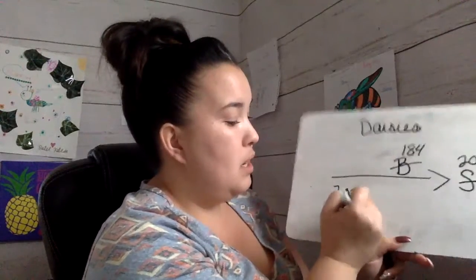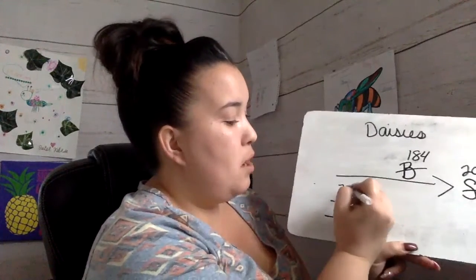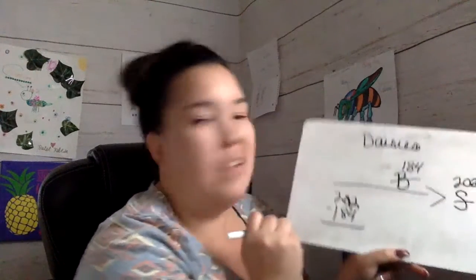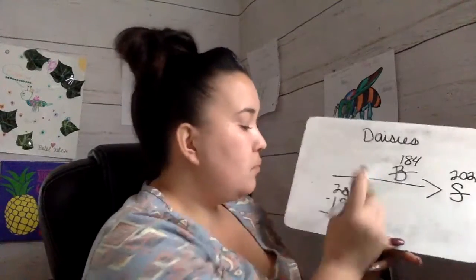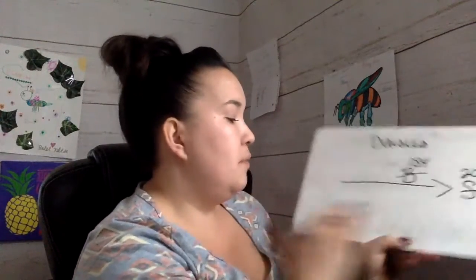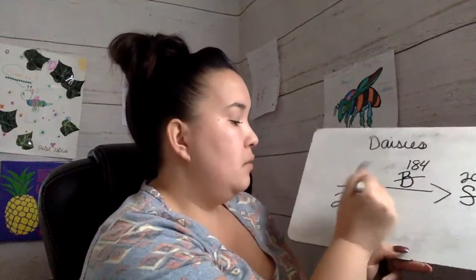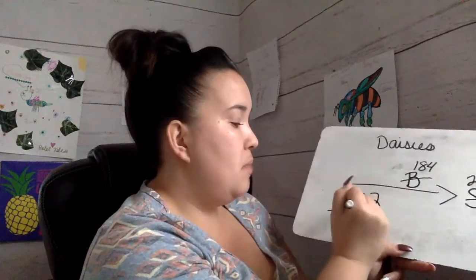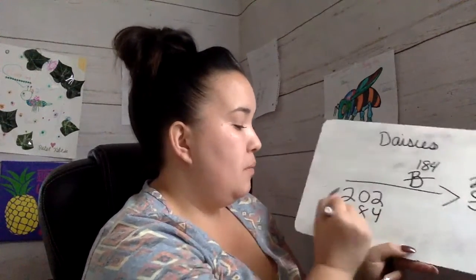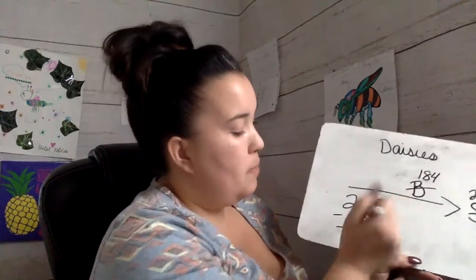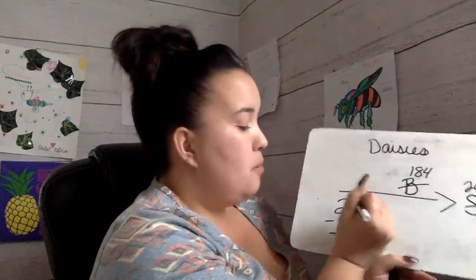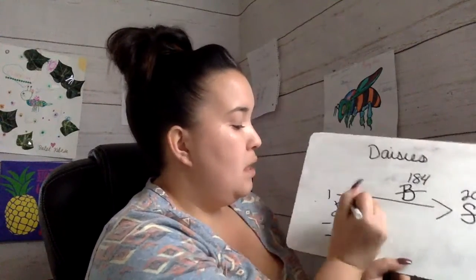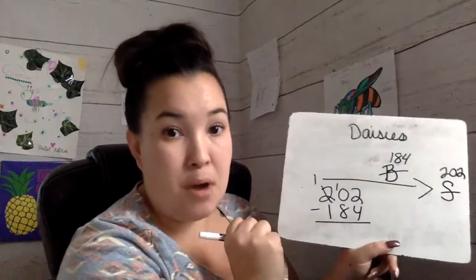202 minus 184. I have to borrow. Double borrowing that I don't like doing, right? Let me make this a little bit neater and bigger. 202 minus 184. Can't do this, I have to borrow. I can't do that either, I have to borrow again. So I'm going to borrow here. This becomes 1, that becomes 10. I borrowed once.